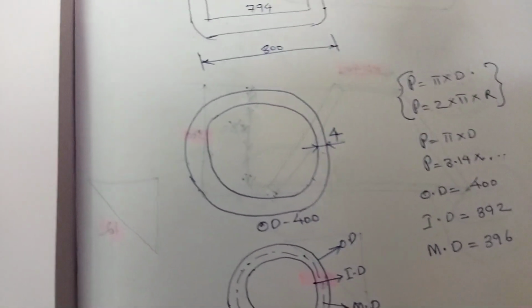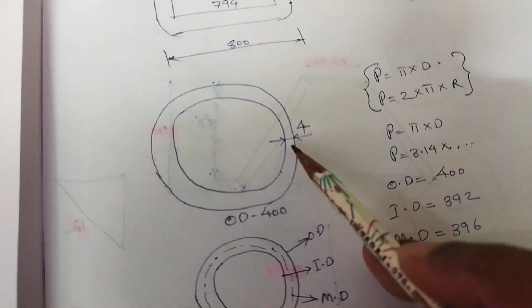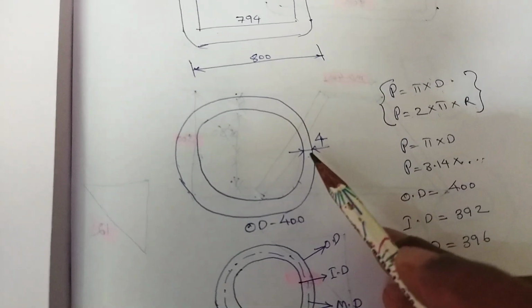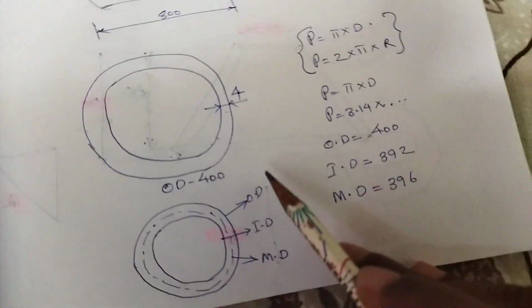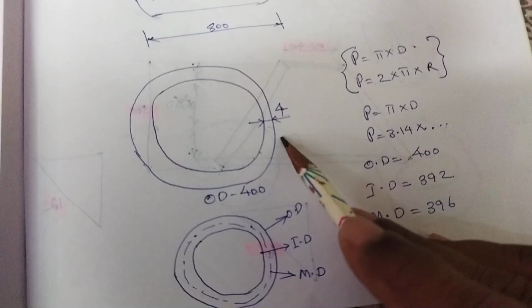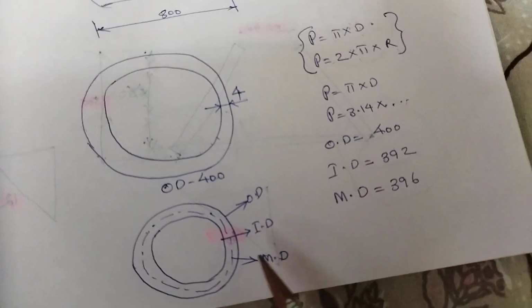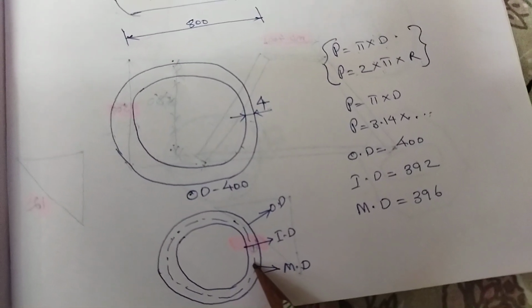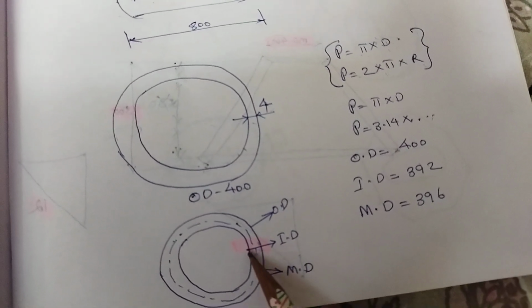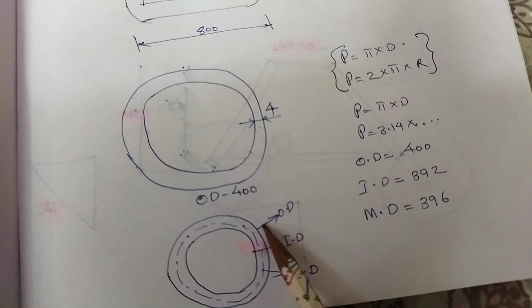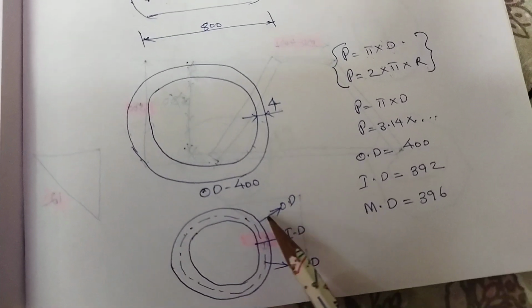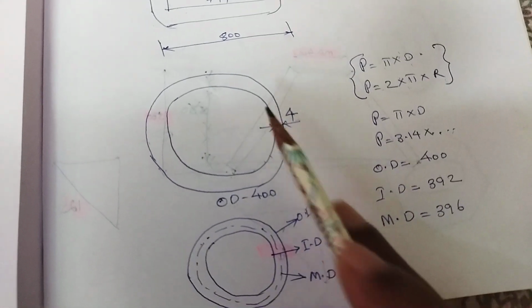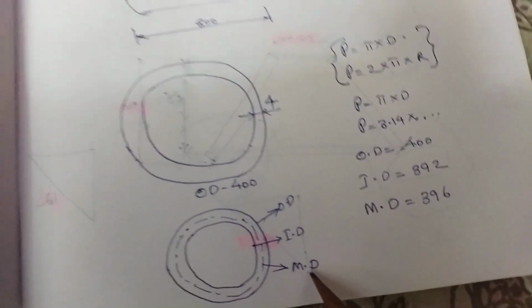It won't be increased or decreased. This is called MD, medium diameter. It goes in between the outer diameter and the inner diameter. Inner diameter is the diameter of the inner surface. Outer diameter, OD, is the diameter of the outer surface. But when we consider the perimeter, we have to use MD, the medium diameter.